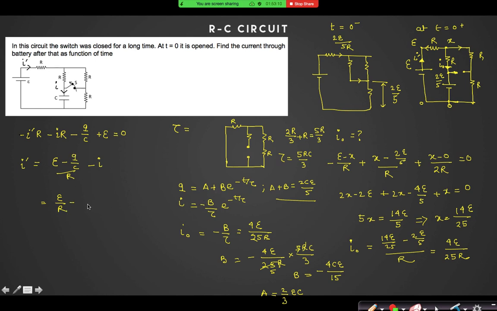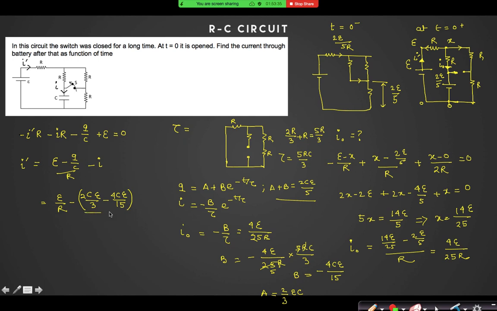What is Q by CR? We can find that Q is equal to A plus B. A plus B is 2CE divided by 3 minus. Sir, you are not writing Q at any point of time? Yes, at any point of time.